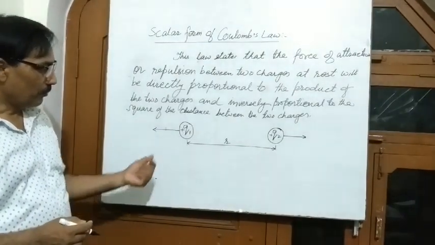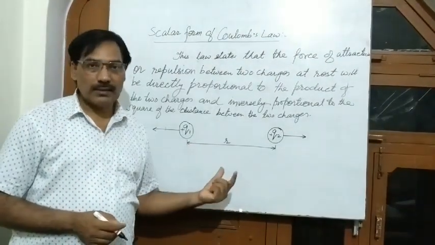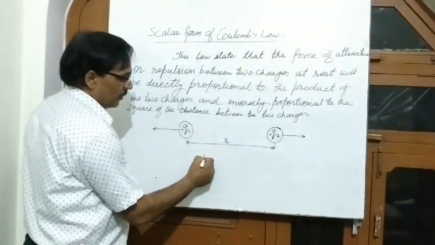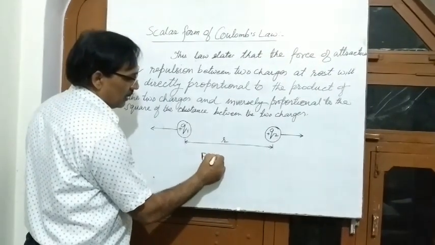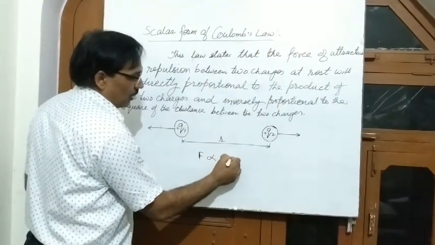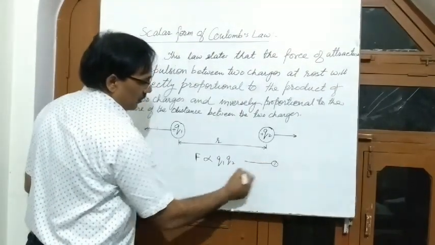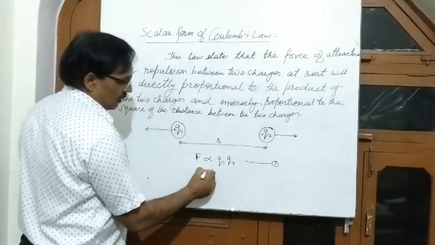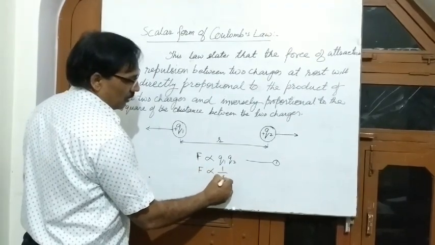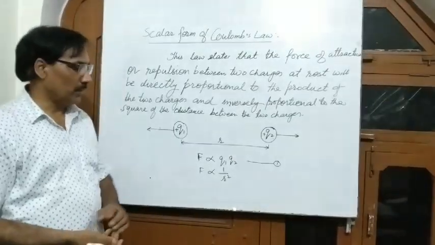Then the force acting between the two charges, F, is directly proportional to the product of the two charges, and F is inversely proportional to the square of distance between the two charges.